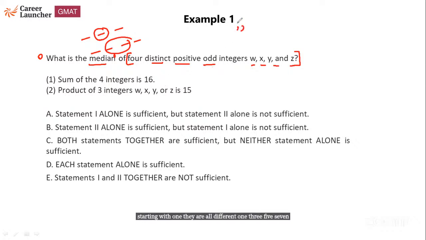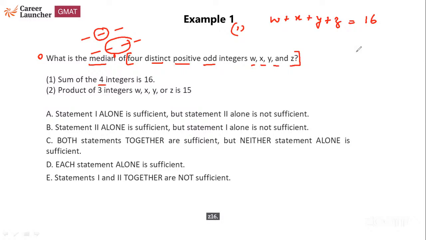First statement: the sum of 4 integers, that is W plus X plus Y plus Z, is 16. Now, what can be a case such that you add 4 all different, positive, odd integers such that their sum is 16? 1, 3, 5, 7. 1 plus 3, 4, 4 plus 5, 9, 9 plus 7, 16.